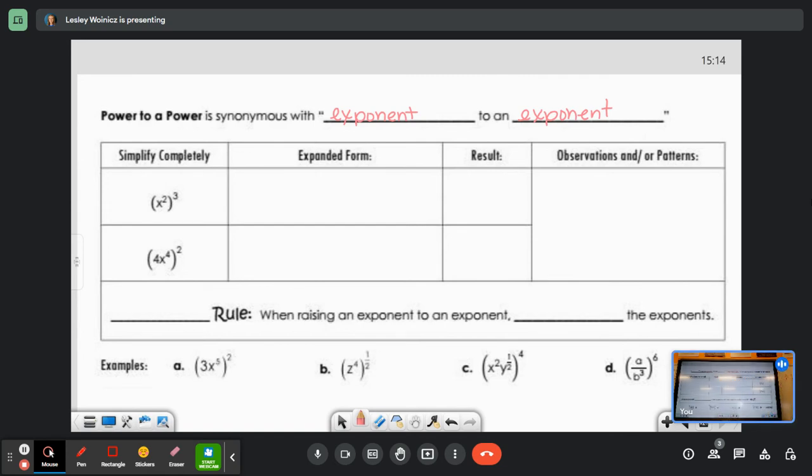Okay, so when we write these expanded, I want you to give me 2 rows. Make sure that you don't write in the middle of the box. Give me 2 nice rows. So if it says cubed, that means I have to write x squared 3 times. So I have to write x squared times x squared times x squared.